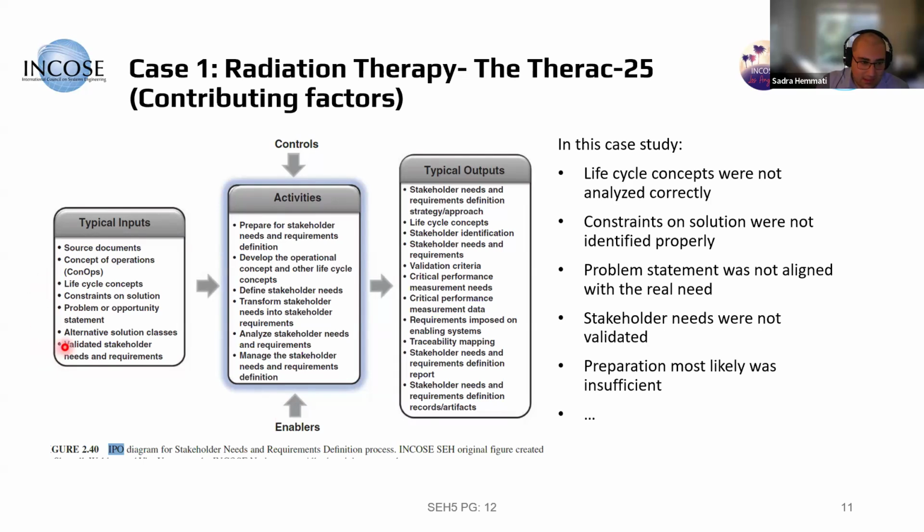The constraints on the solution were not identified properly. The problem statement was not aligned with the real need of the stakeholders. Preparation most likely was insufficient. So these are just examples, but I suggest for all case studies, try to tie back to the IPOs.